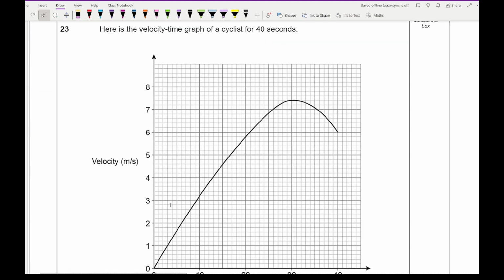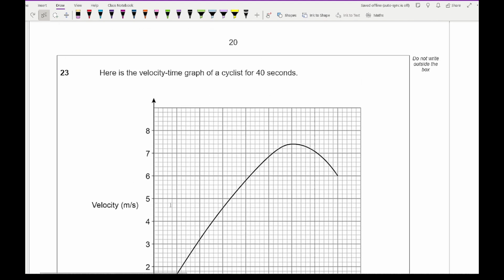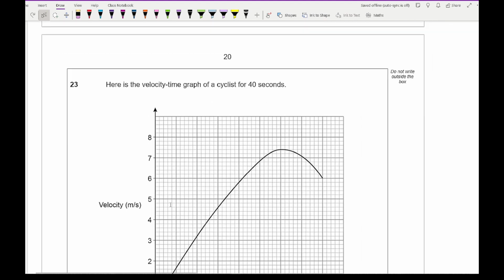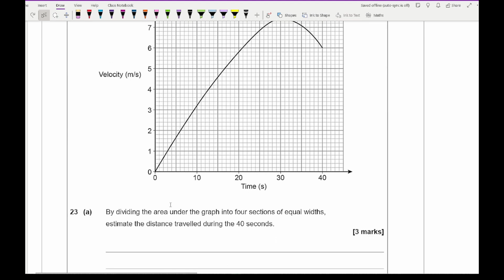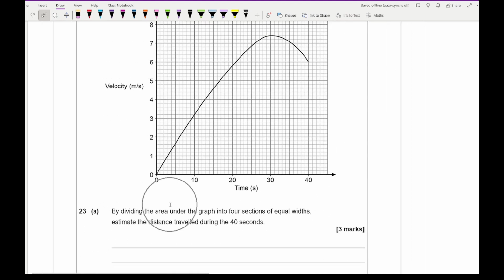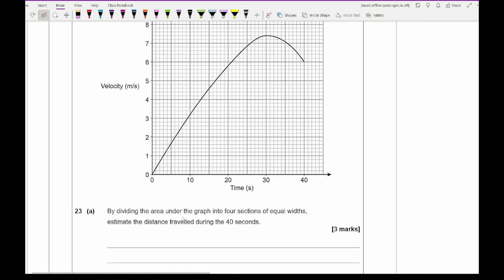Moving on to question 23, it says here is a velocity time graph for the cyclist for 40 seconds. And question 23a is, by dividing the area of the graph into 4 sections of equal widths, estimate the distance travelled during the 40 seconds. Now the distance travelled is basically the area under the graph.